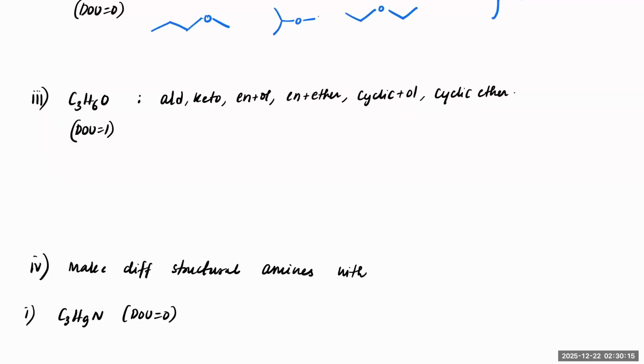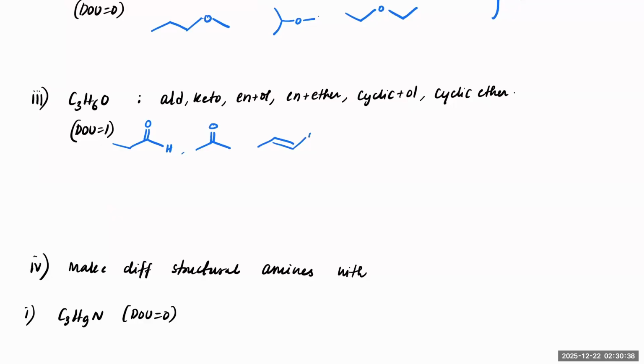So notice, for example, aldehyde. Starting with aldehyde, a double bond to O with the H at the end. This is the way to represent it. So this is aldehyde. Okay. Next one is ketone. Ketone, only one possibility here. One is aldehyde, the other one is ketone. Next one is enol.